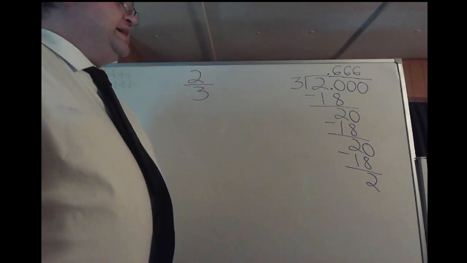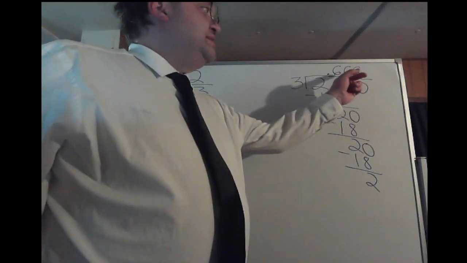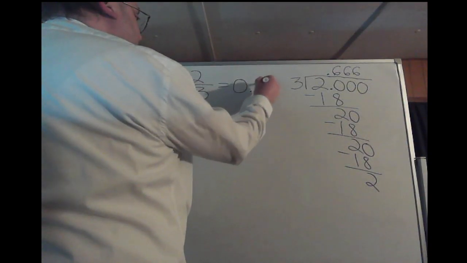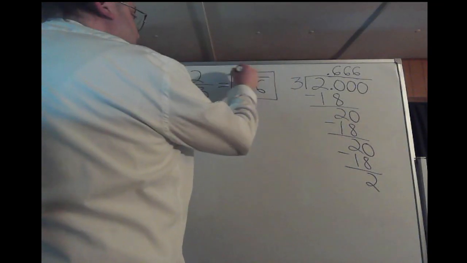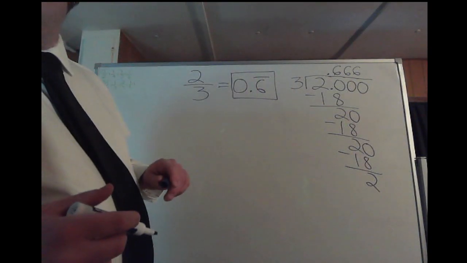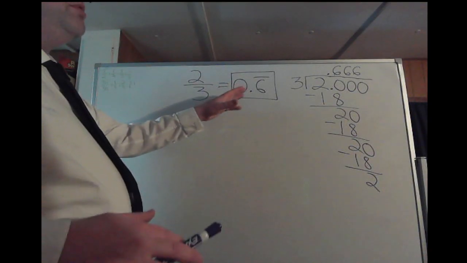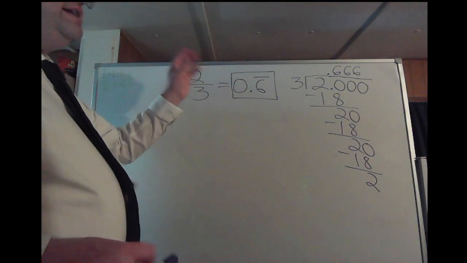We certainly can't. So the 0.666666666 will go on to infinity. So your answer is going to be 0.6 with a bar over the 6 to indicate that it repeats. So this is also an example of a non-terminating, meaning it doesn't stop, and repeating decimal.